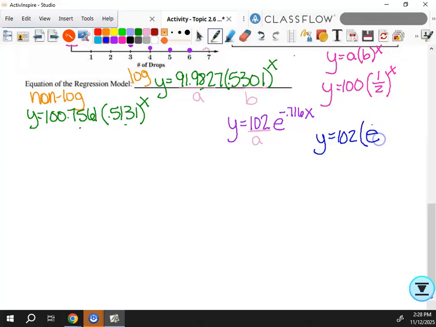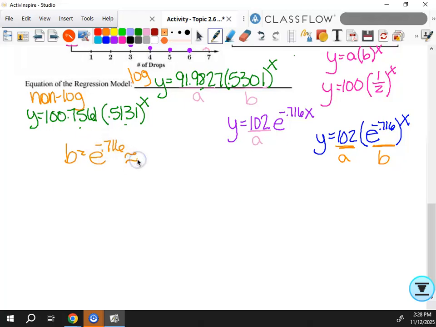So if I have 102 times e to the negative 0.716 power to the x power, that's an equivalent form. That was literally on our last notes and on your assignment. I don't think there was an e in there, but it doesn't matter. So this represents your A. This represents your B. So B is equal to e to the negative 0.716 power.